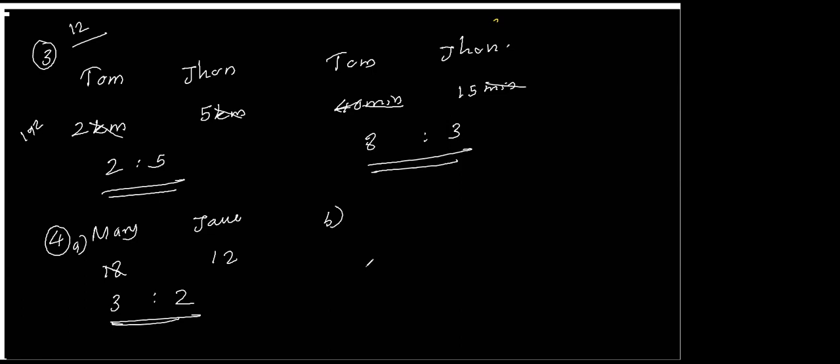Then how much does Jane have now? Mary giving 6 sweets to Jane, that is 12. And how many sweets does Jane have now? 18, adding 6 to this. Now look at the ratio, 2 to 3.